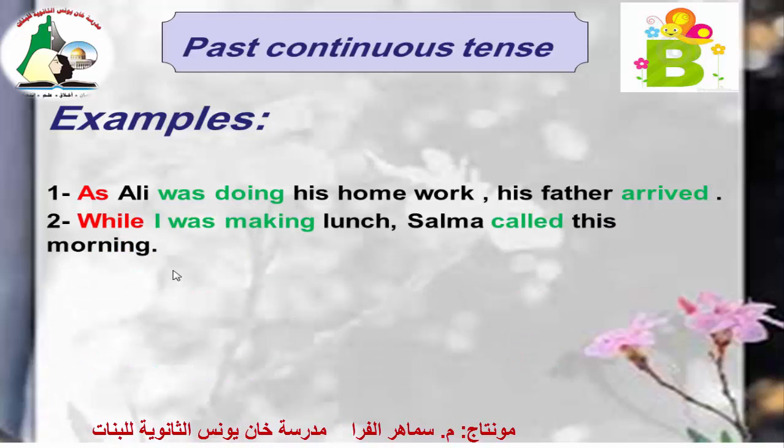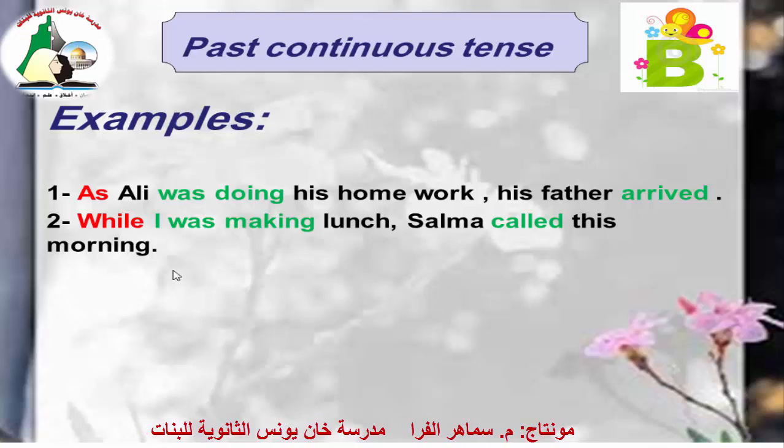Let us see example 2. While I was making lunch, Salma called this morning. While I was making lunch, Salma called this morning. What happened in this sentence? While I was making lunch, for example, at night, in the afternoon, I was making lunch and this action continued for some time.